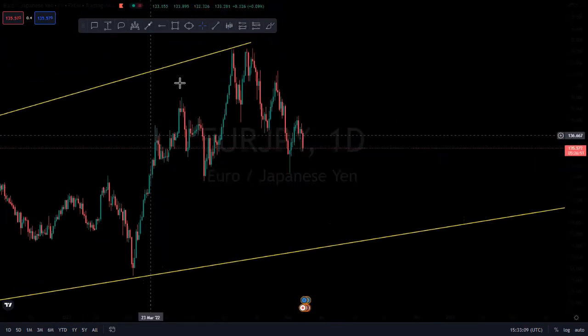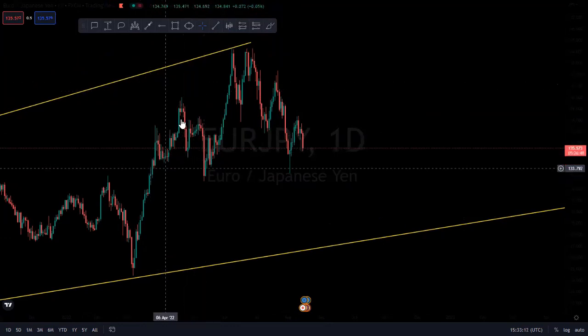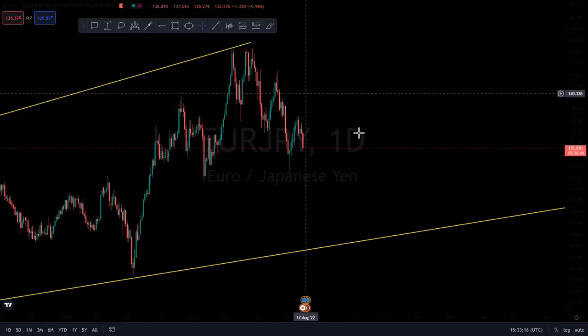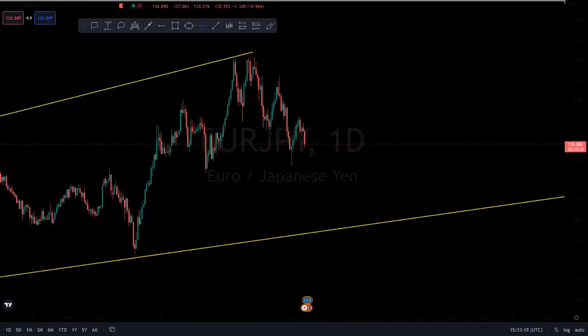So yeah, head and shoulders, the large left shoulder, head, then the right shoulder, and price sold.